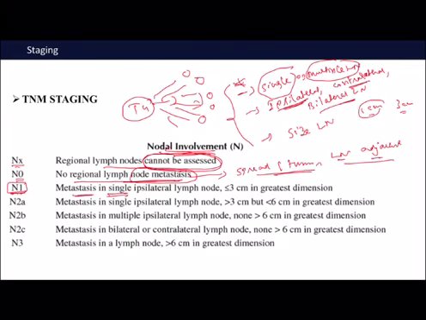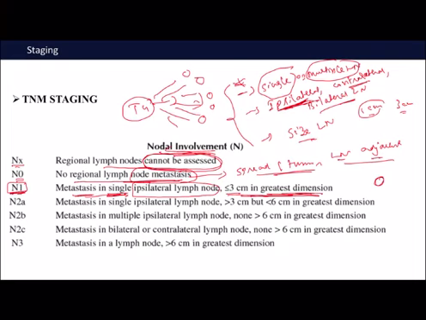N1 will be single lymph node metastasis, plus ipsilateral lymph node, that is on the affected part only, with the size less than or equal to 3 centimeter in greatest dimension of your lymph node.